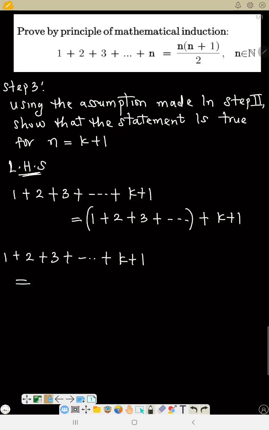Now look at the bracket here, you will notice it is incomplete. I have 1 plus 2 plus 3 plus, which is incomplete, so I have to complete it. That is 1 plus 2 plus 3 plus, up to plus k, then plus k plus 1.